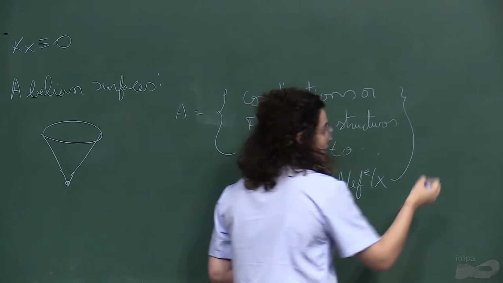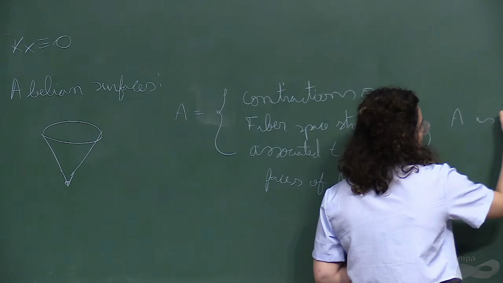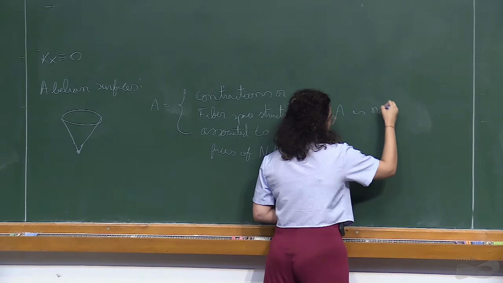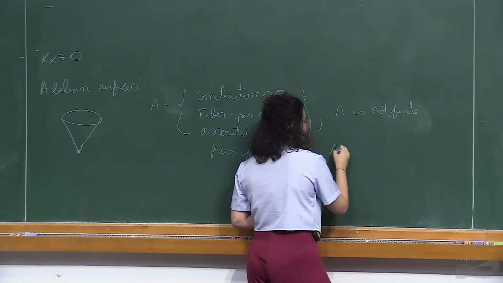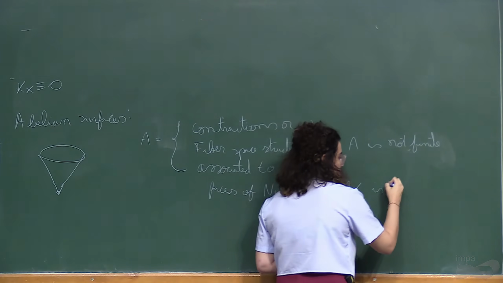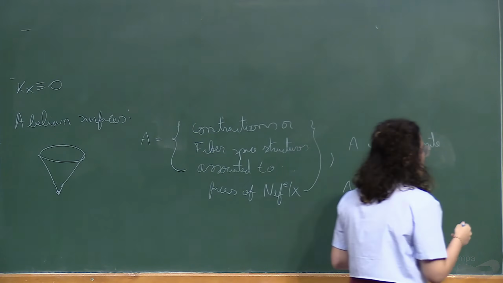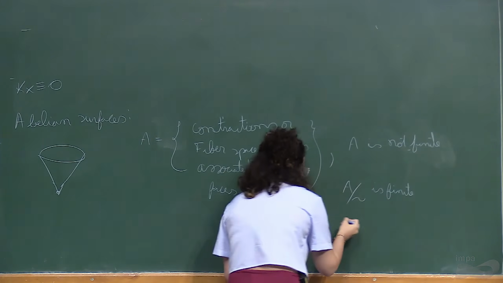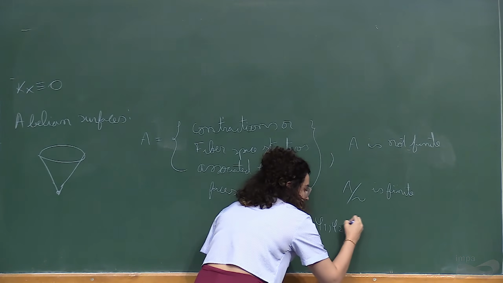In this case, we have that A is not finite. But there is an equivalence relation that we can put on A such that this is finite. And what is this equivalence relation? It is this one. So given two elements in A.